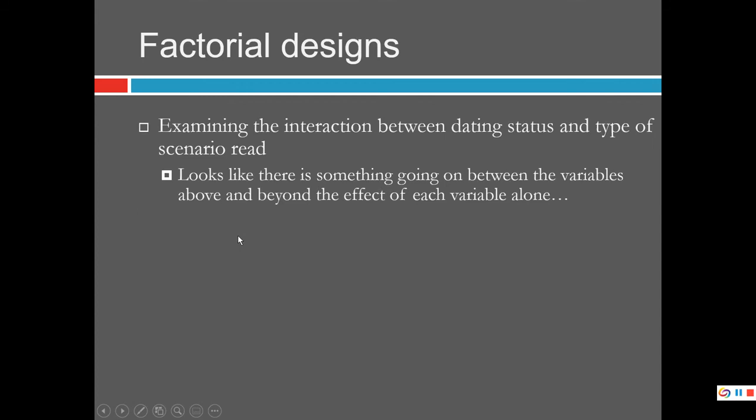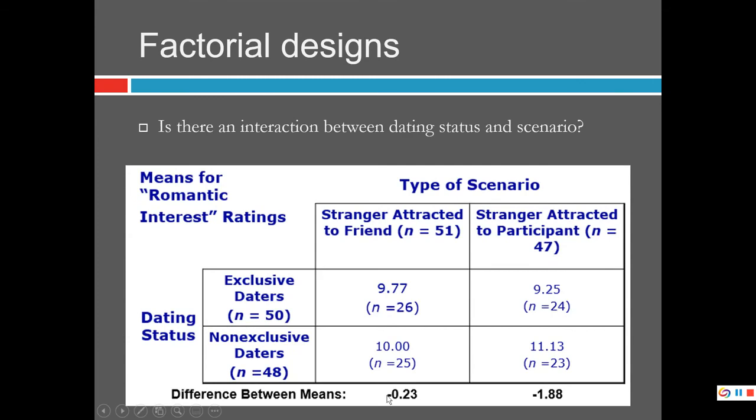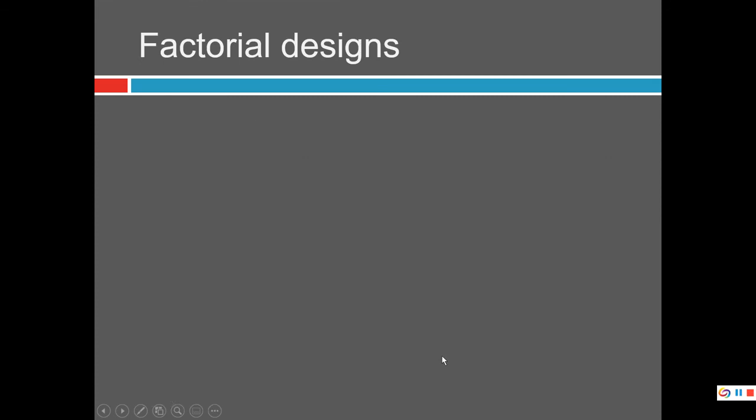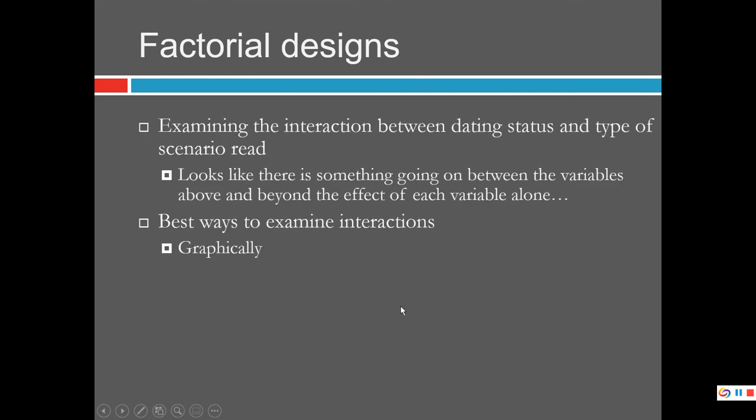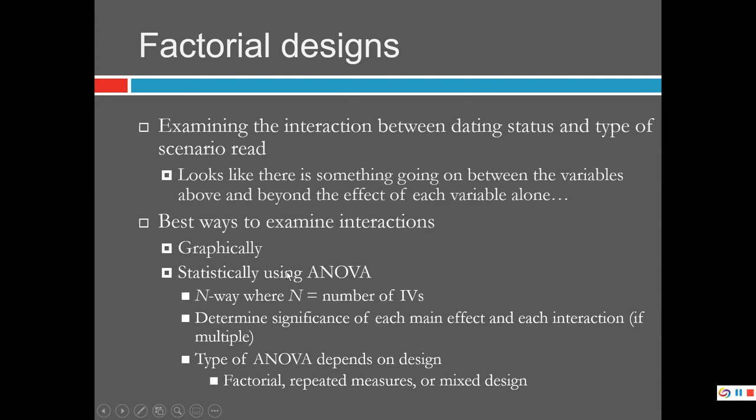This is, again, really difficult to interpret just from looking at these cells by themselves, or even from looking at these differences between means. The two better ways of looking at whether an interaction matters are looking at interactions visually or graphically, and, more properly, looking at them statistically.